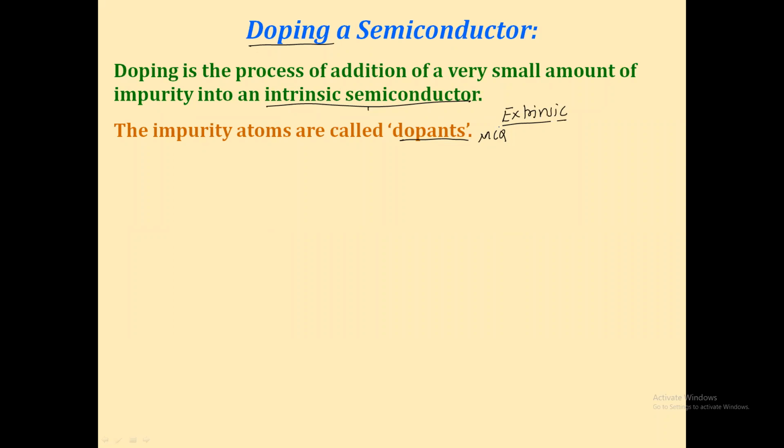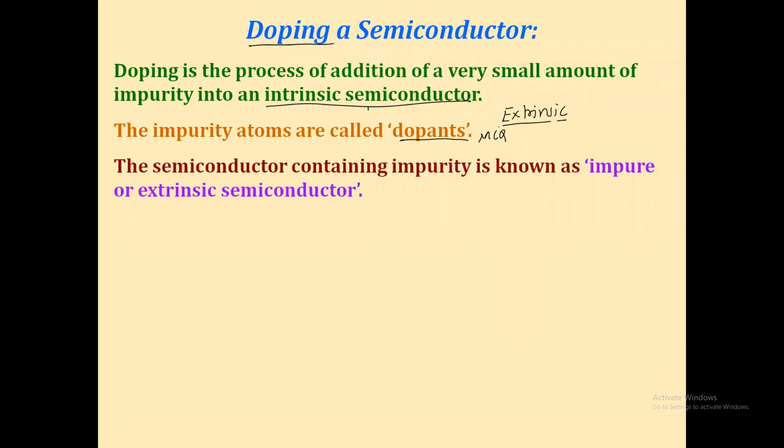Based on it, extrinsic semiconductors can be classified into 2 types: one is the N-type semiconductor and the other is the P-type semiconductor. So the semiconductor containing impurity, म्हणजे ज्यावेळेस आपण impurity add करेल, is called an impure or extrinsic semiconductor.